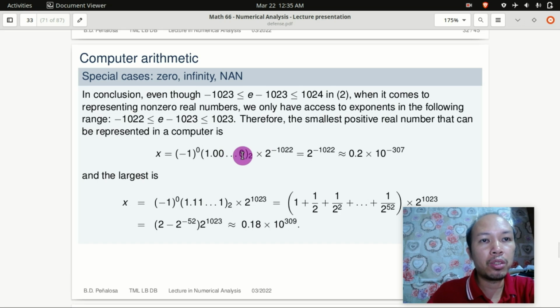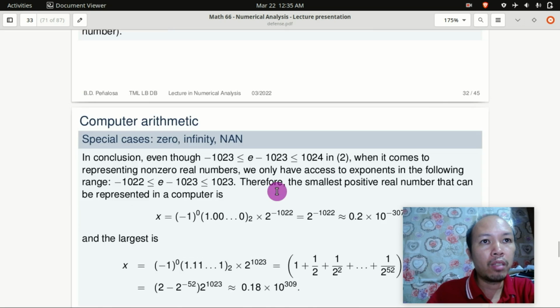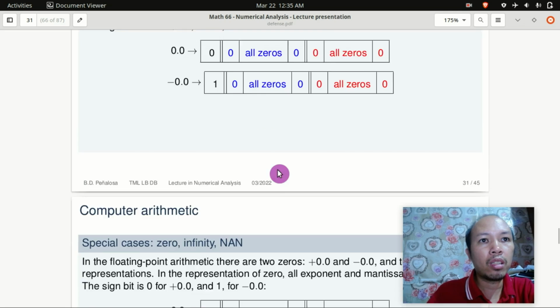It says here that the smallest positive real number is this form, while this one here is the largest. Notice that the fractional part is 0.0000. So this is the smallest. If you recall also in this discussion we have here.